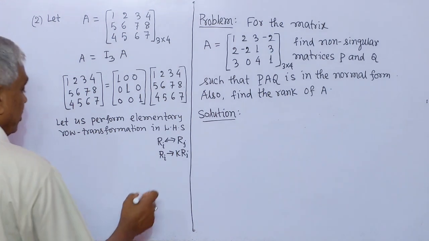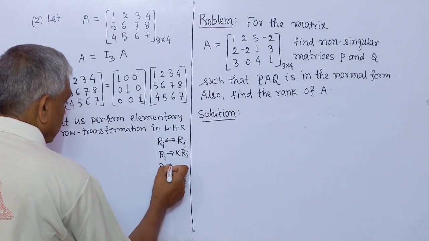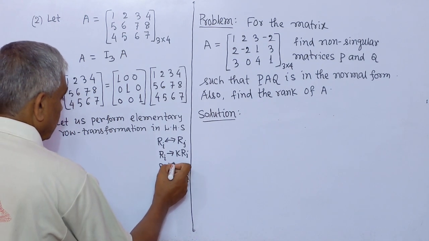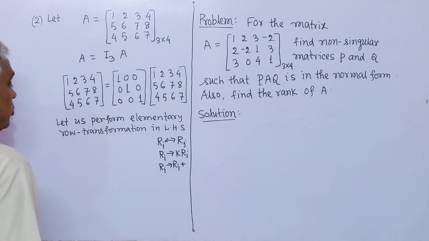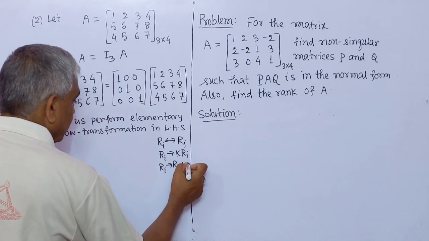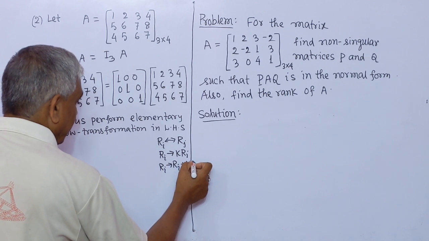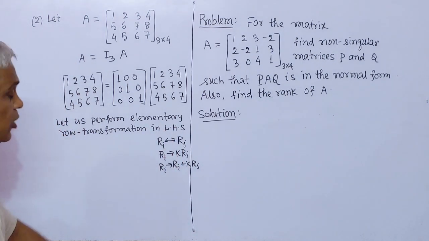Number 3, add to each element of any row some number multiplied by the corresponding elements of another row. These are the 3 types of elementary row transformation.